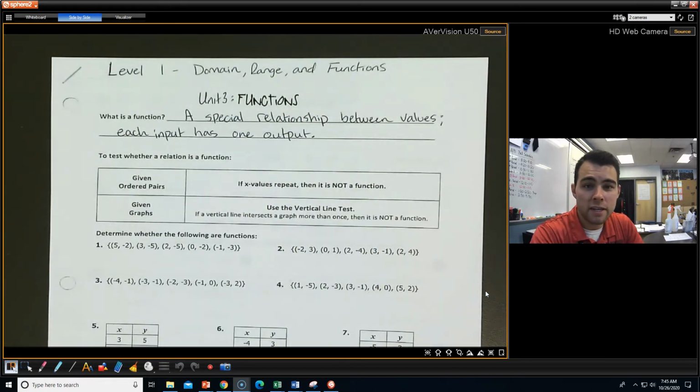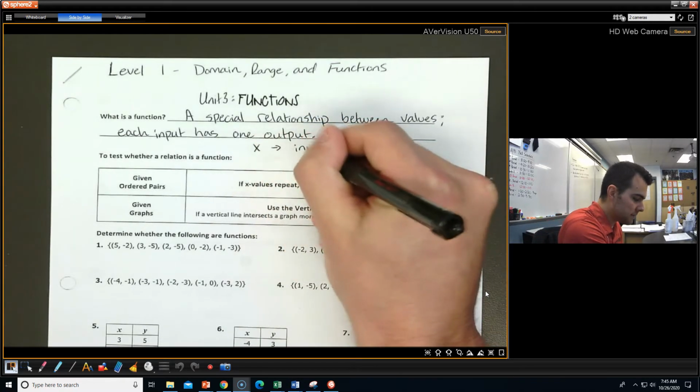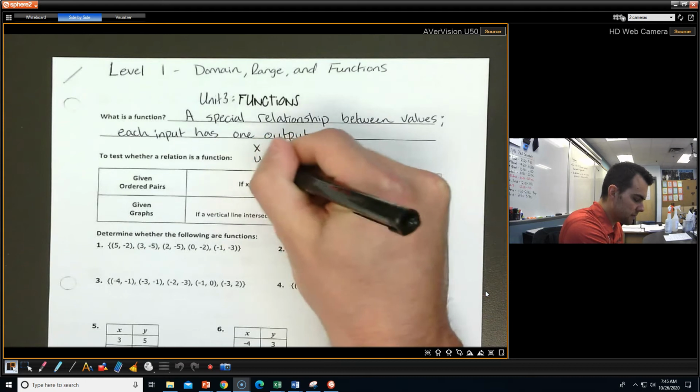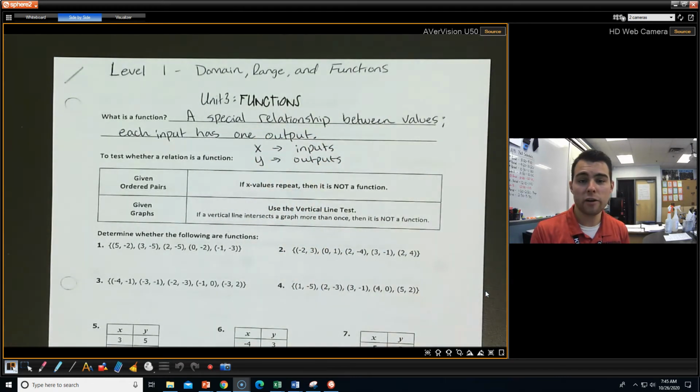Okay. Let's talk about what input and output really are. An input are your x values. Okay, if you're looking at a coordinate plane like we did for bell work, the x values are your inputs, your y values are your outputs. So let's write that down. And in fact, those even have more special types of names.